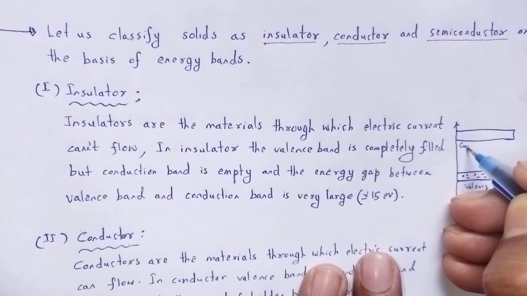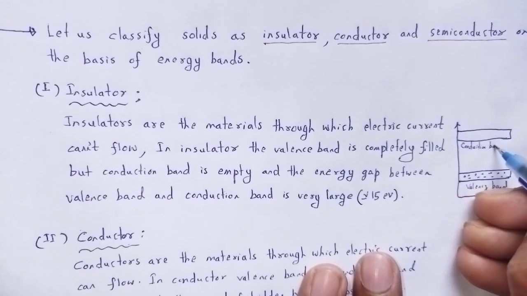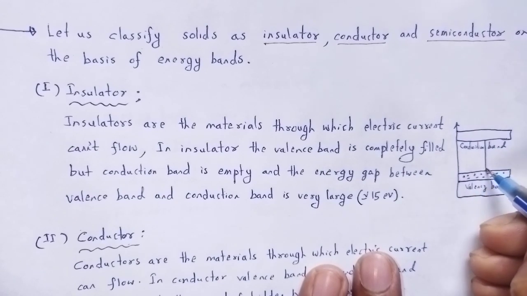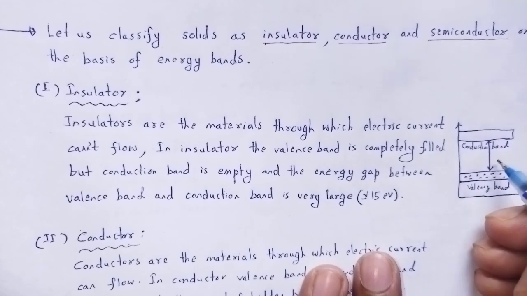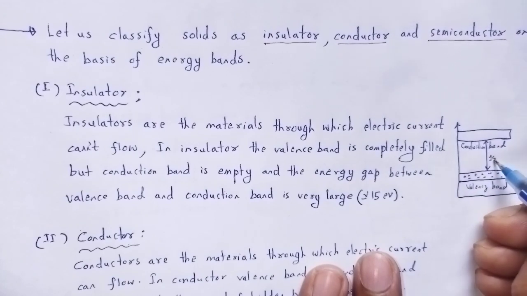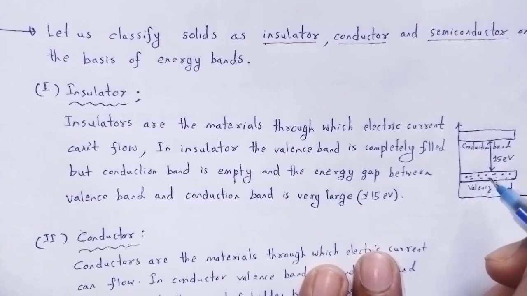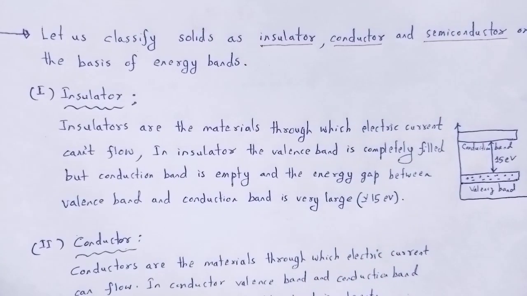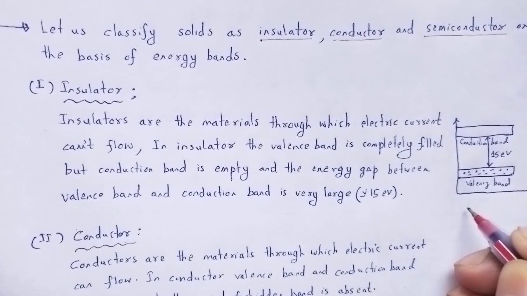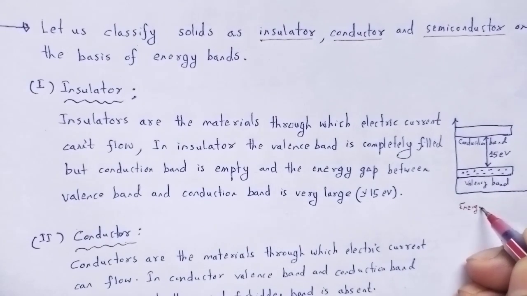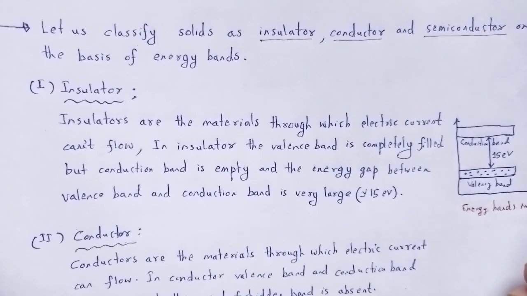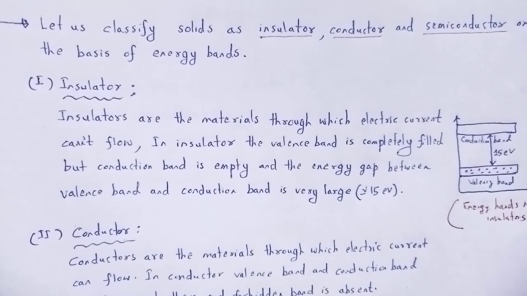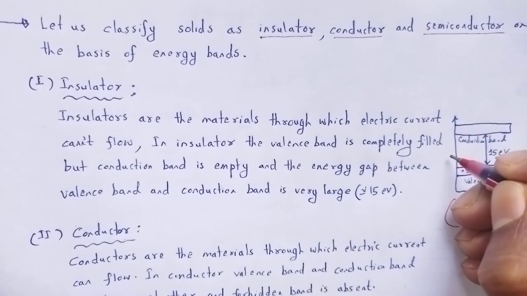Here is the conduction band, that is totally empty, and the energy gap is around 15 electrovolt, that is for insulator. And the energy bands in insulators. On that axis, that is the band energy.